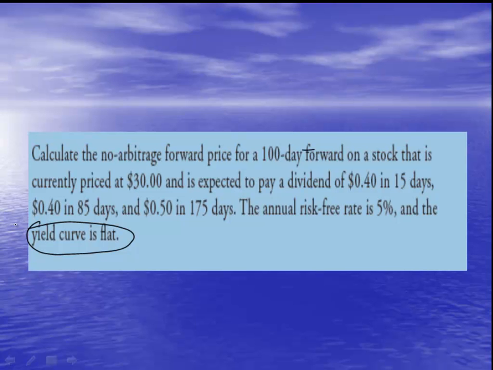Done? How much? 29.59. How much, Ariti? Shraddha, Surbi, Shruti, Dhanashri, Omkar. There is only a 100-day forward contract and the stock is paying dividend at 170.